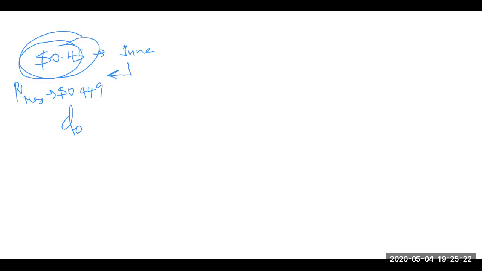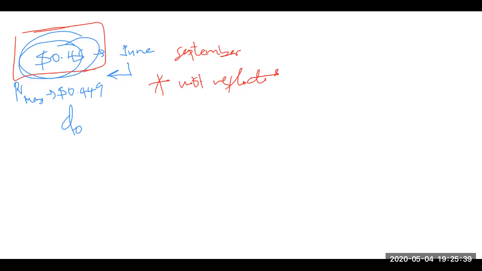If, for example, this 0.45 is getting paid in the month of September and it is not yet reflected in the share price, then we consider this as D1, not D0. Once that dividend gets reflected in the share price, then we say that's a D0. If it is yet to be reflected, that comes as a D1.